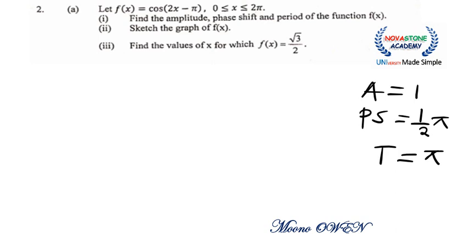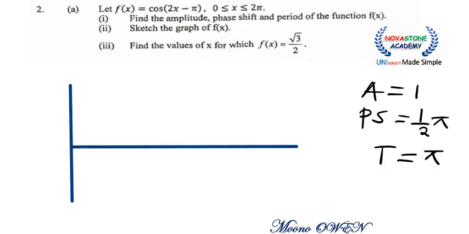Now we've got everything we need to sketch, the second question, which is we're trying to sketch the function. So if I'm going to write, this is my y-axis, this is my x-axis. So how are we now going to sketch this one? So let's start with the amplitude.